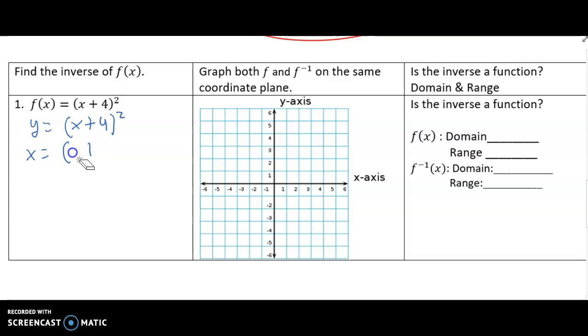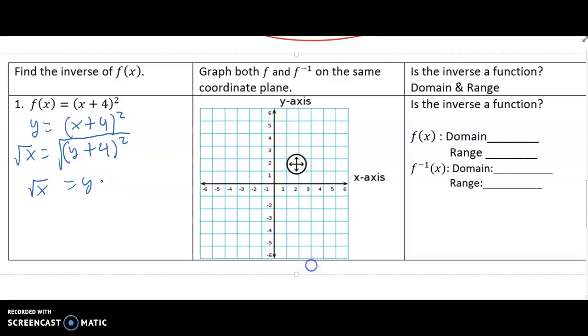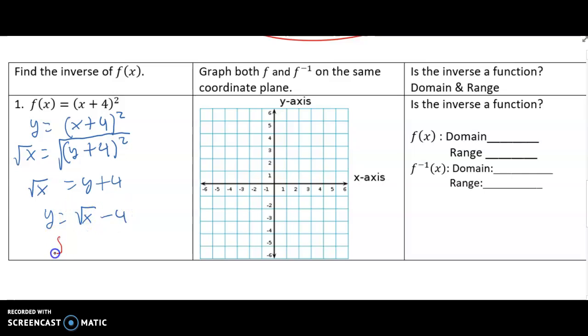That should be y plus 4. Square root each side. Square root of x equals y plus 4. Take away 4, and we have y is the square root of x minus 4. Let's write this in proper notation.